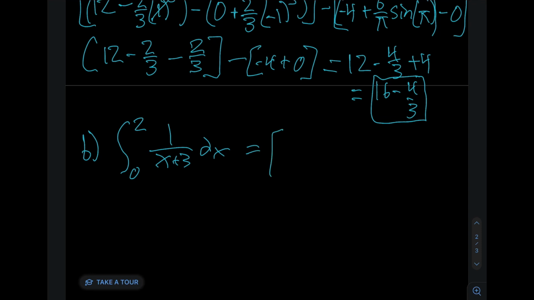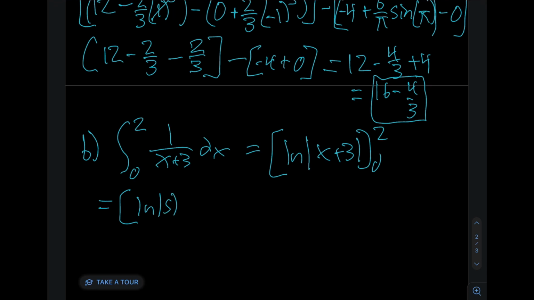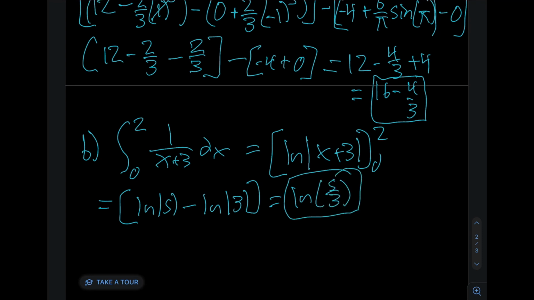This is just going to be equal to the natural log, absolute values, gotta remember, of x plus 3 from 0 to 2, which is then going to equal the natural log absolute value of 5 minus natural log absolute value of 3, which then you can simplify to natural log of 5 over 3, like so. But you also don't have to simplify that. You could leave it as natural log of 5 minus natural log of 3.